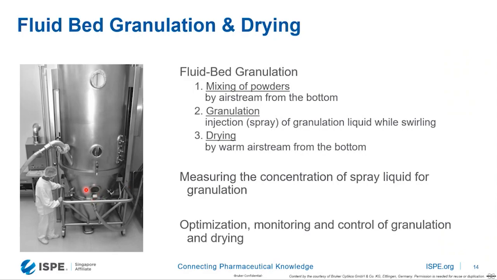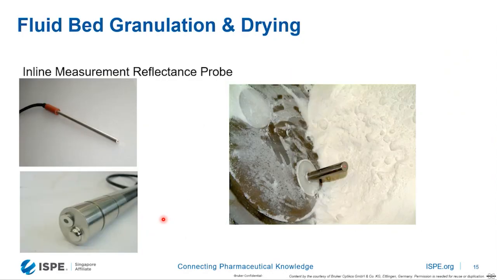This kind of window can be used so that an NIR non-contact head can look into the samples and then monitor or even give feedback to the PLC or the DCS to optimize the granulation process. We have 2 possibilities.